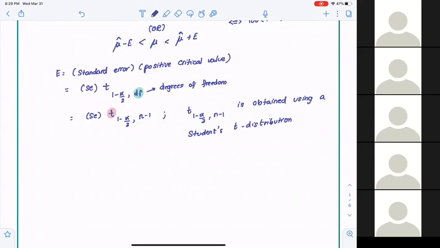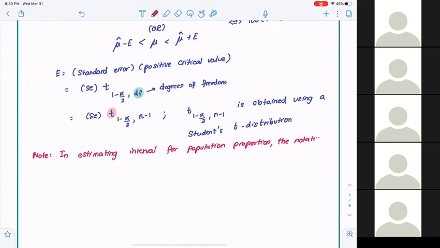Note in estimating interval for population proportion, the notation for the positive critical value was z sub 1 minus alpha over 2, since z denotes a standard normal distribution.